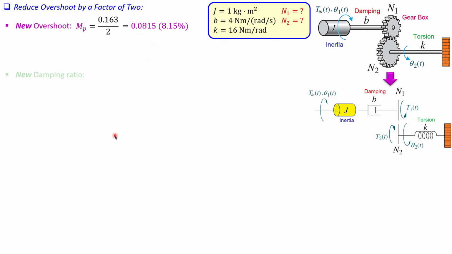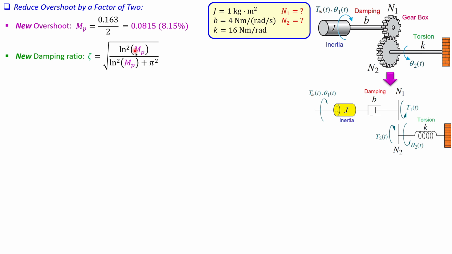Okay, I need this. And the new damping ratio will be given by this expression. This is just worked out from that exponential expression for the MP. We know the MP was given by e to the power minus pi zeta over the square root of 1 minus zeta squared. If you work that out, expressing everything in MP, the zeta is then given by this expression.